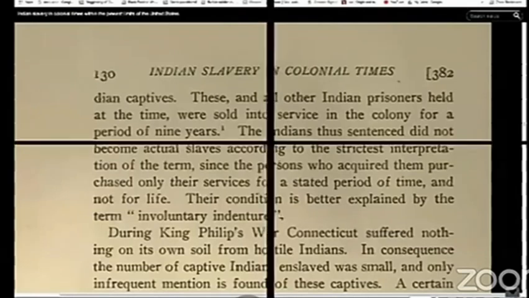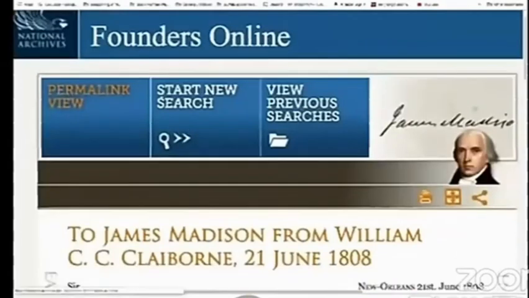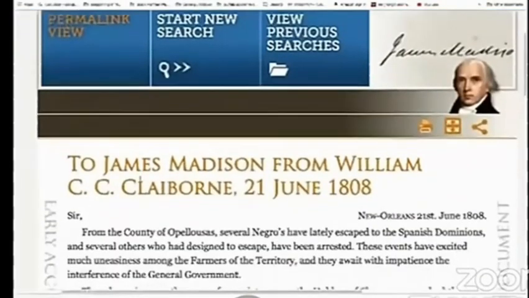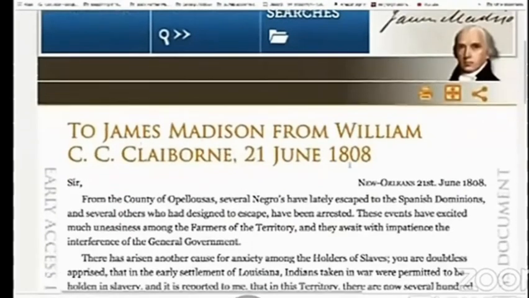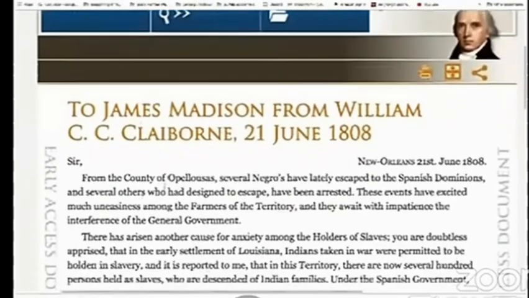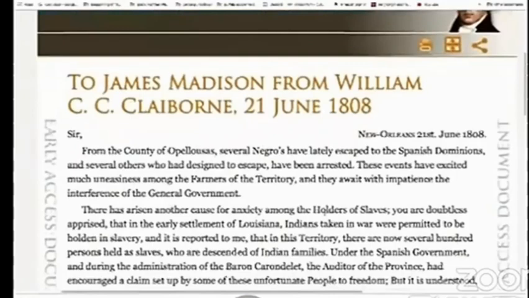Indentured servants. Alright, we're on the National Archives website, Founders Online. It says, to James Madison from William C.C. Claiborne, 21st of June, 1808. Sir, from the county of Opelousas, several Negroes have lately escaped the Spanish dominions, and several others who had designed to escape have been arrested. These events have excited much uneasiness among the farmers of the territory, and they await with impatience the interference of the general government.